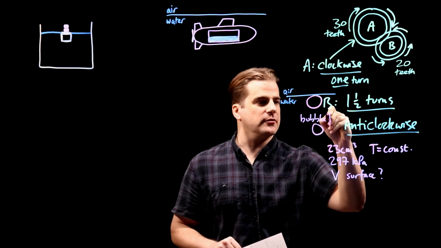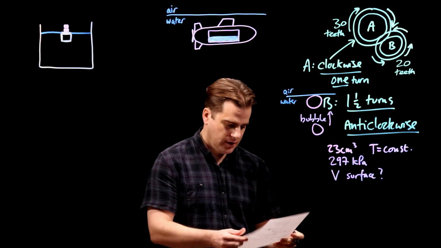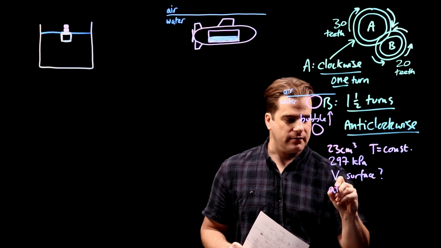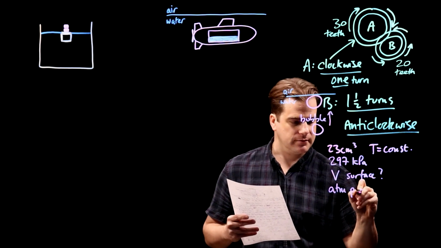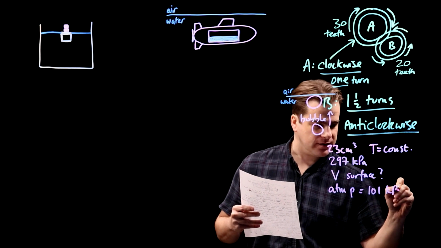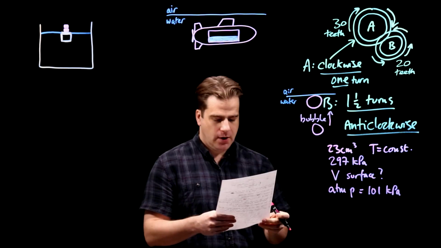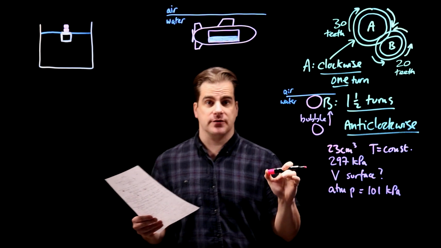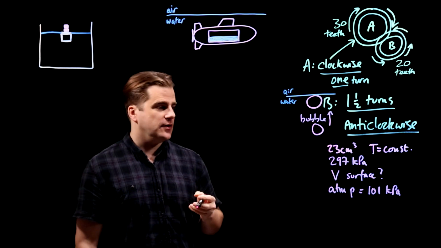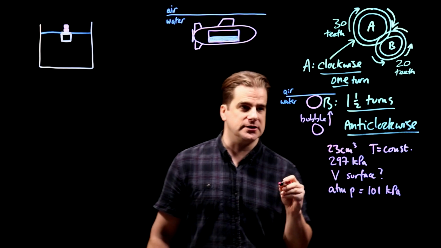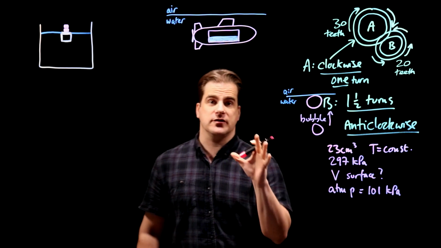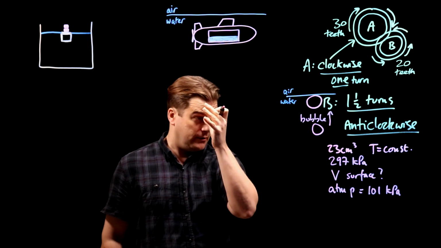And we're told that the atmospheric pressure is 101 kilopascals. They tell you to use the equation from the formula sheet. If you look at your formula sheet, you'll see that the relevant equation is for the pressure and volume of gases at constant temperature, which is exactly what we've got here.